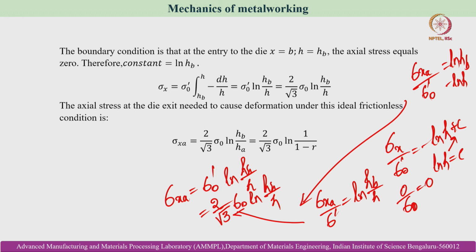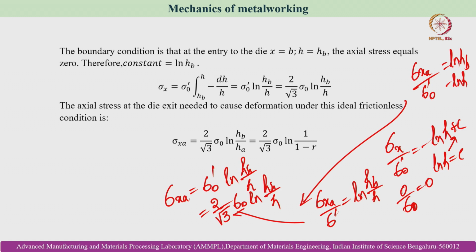So, this is the axial stress at the die exit needed to cause deformation under this ideal frictionless condition, sigma x a. So, sigma x a is equal to 2 by root 3 sigma 0 ln hb by h a. Why h a? Because it is the final and initial height.